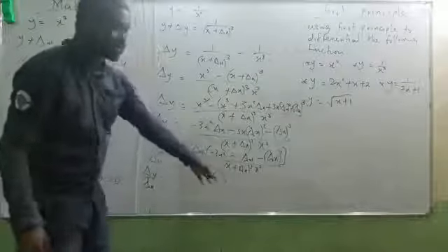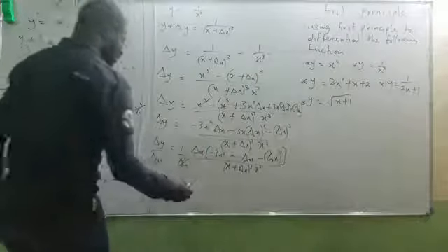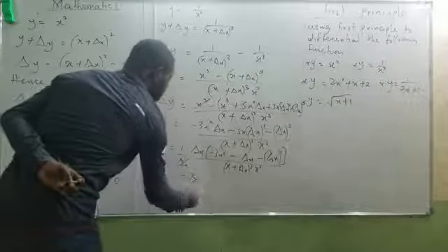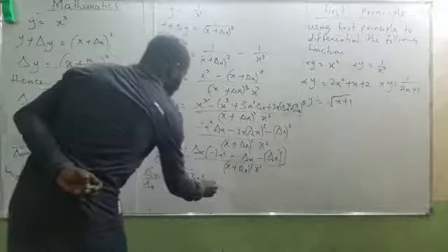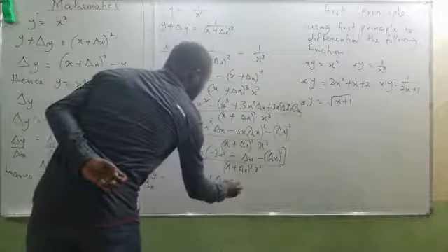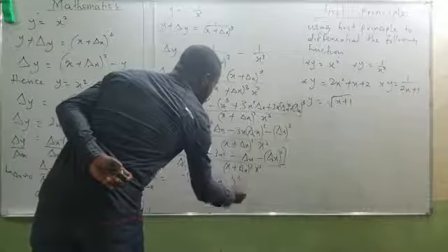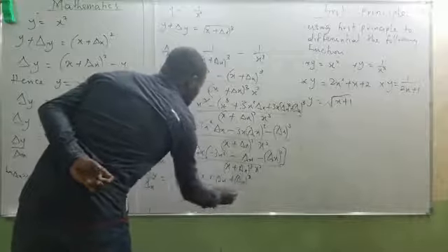if I want to do it very well, let me expand this, which I will be having minus 3x, plus delta x, all squared, all divided by.